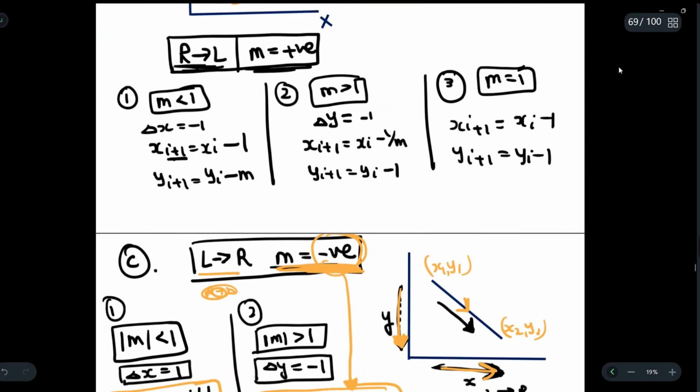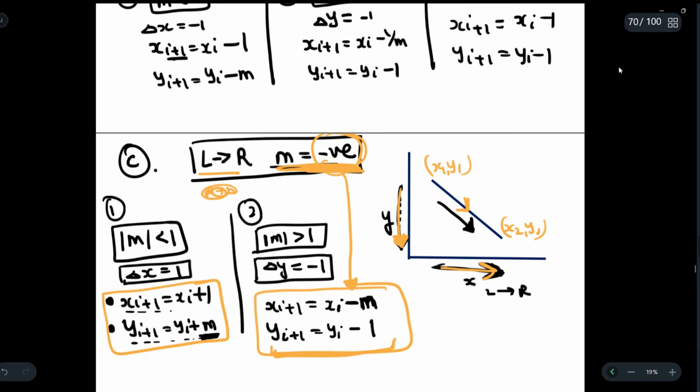Now let us come to the last part, in which we are moving from left to right, but we have taken m to be negative. That is, now mod of m will be less than 1, in which we will take del x is equal to 1, and we will increment x as we are moving from left to right, and we will decrement y because we are moving from top to bottom.